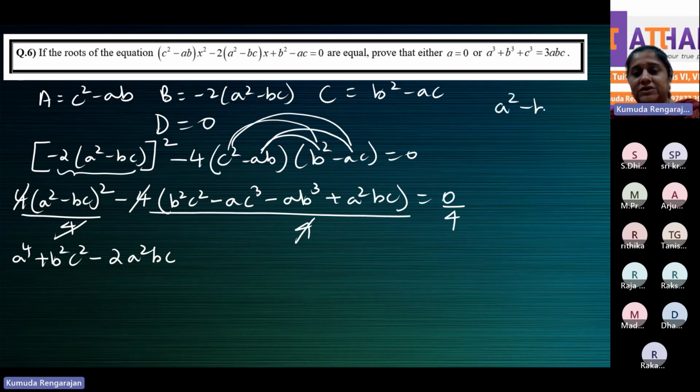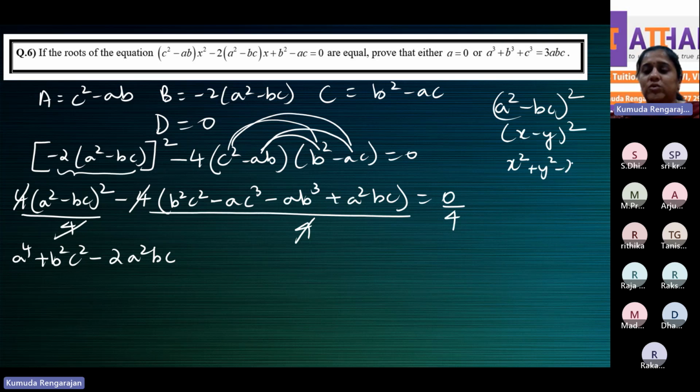A square minus BC, the whole square, is of the form x minus y the whole square. So how do you expand this? X square plus y square minus 2xy, or you can write x square minus 2xy plus y square. Both are fine.